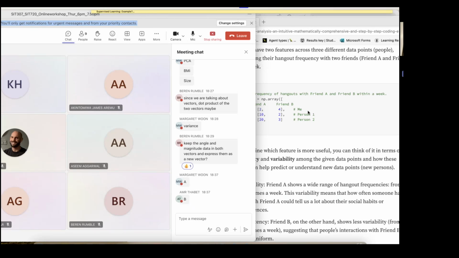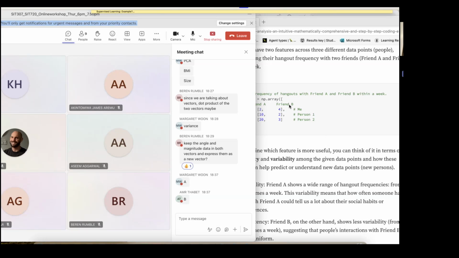But what I want to look at is the points, the rows. I want to find the pattern of those points. My question is, I want to select a feature. If I select this feature, I don't care about another feature. If I select A, I don't care about what B represents. So I only look at A, and then I can identify some patterns for person 1, person 2, person 3, 4.